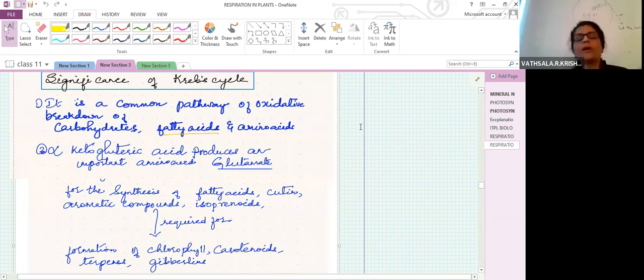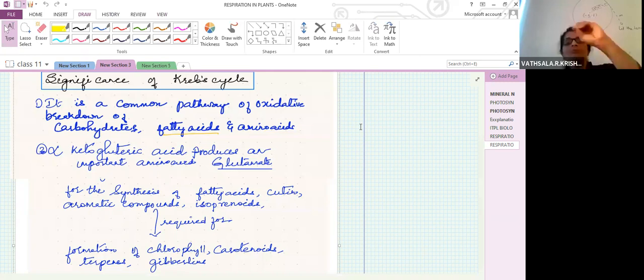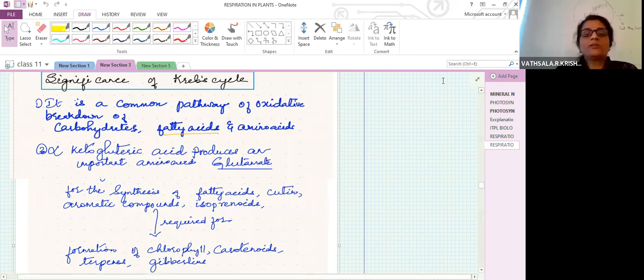We are not talking about cellular oxidation with respect to plants alone. Cellular oxidation takes place in any aerobic organism. This is a common pathway of oxidative breakdown of carbohydrates, proteins, and amino acids.